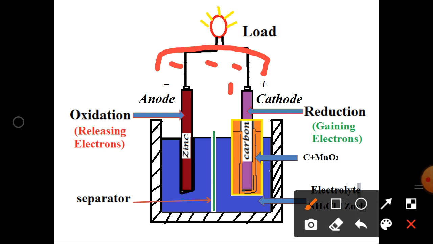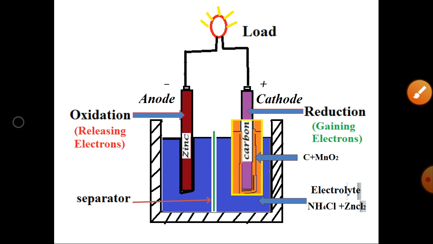In this type of battery, as the days go by, the amount of electrons supplied by the zinc electrode may reduce. Due to that, it does not have the capacity to supply electrons to the cathode. So there are no electrons flowing from anode to cathode, and the battery is going to die. So it is a use-and-throw battery.